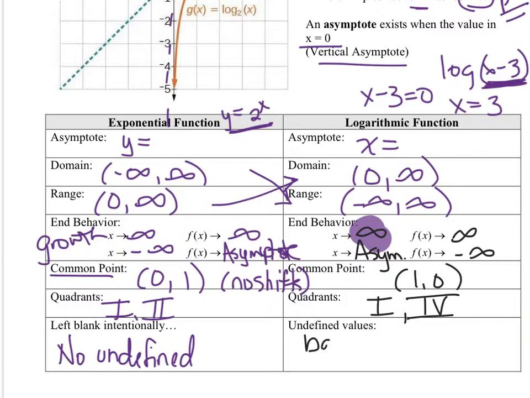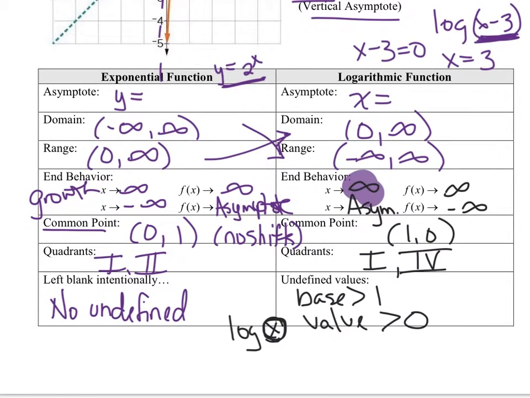The base must always be greater than 1. And the value, meaning the x value, if I do log of x, whatever's sitting in this spot is the value, and it must always be greater than 0. So those are the basic characteristics of a log and exponential, and since they're inverses of each other, it's how they connect.